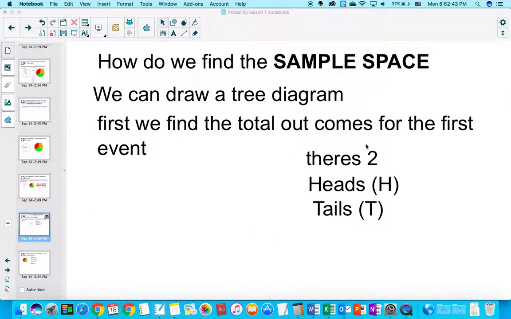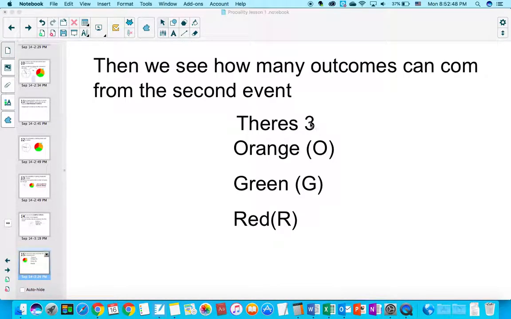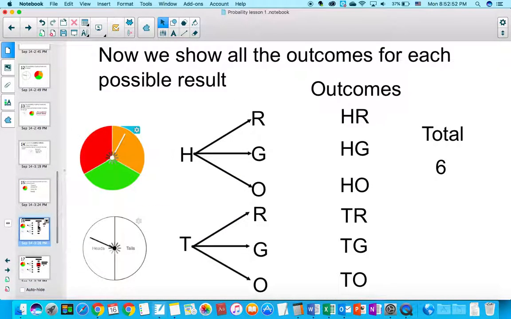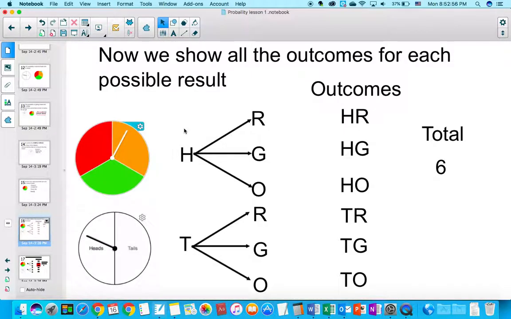So it's the total number of outcomes on the first event, and the total number of outcomes on the second event, right? And we can draw a tree diagram, right? Now before, if you added it, you would just say 5, but we know that the total is 6 from this one, right?